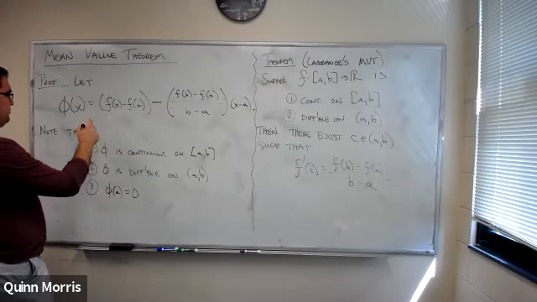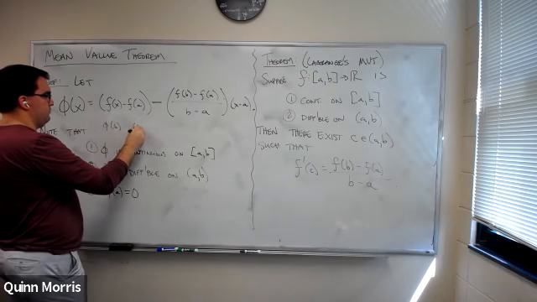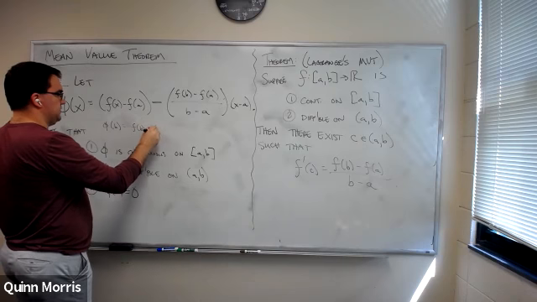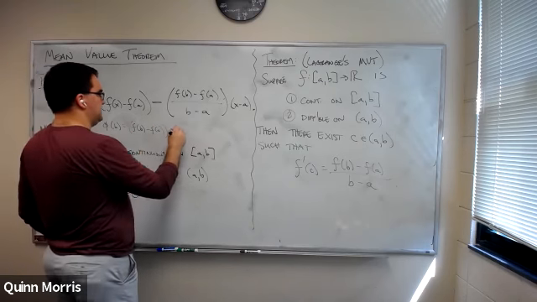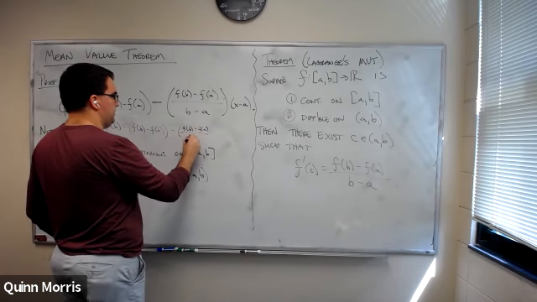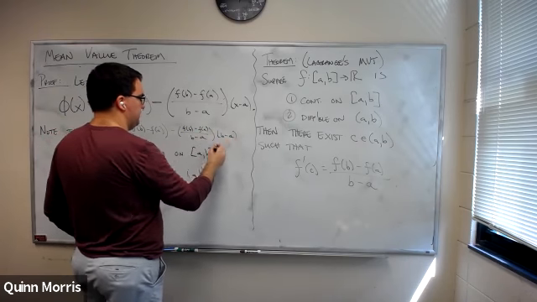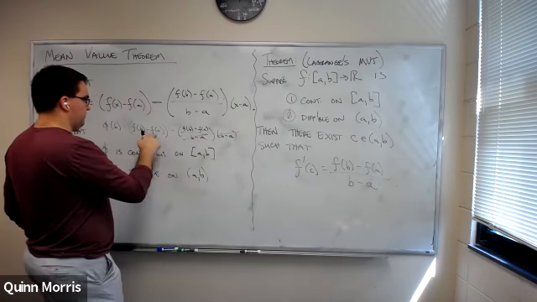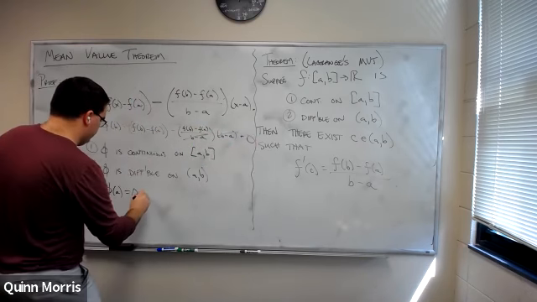This is a slightly trickier one. Phi of b will be f of b minus f of a minus (f of b minus f of a over b minus a) times, plugging in b here, b minus a. Then I have f of b minus f of a minus (f of b minus f of a). That'll be 0.